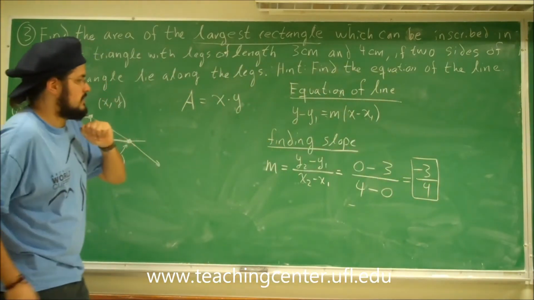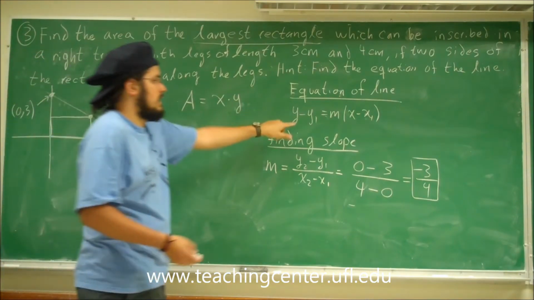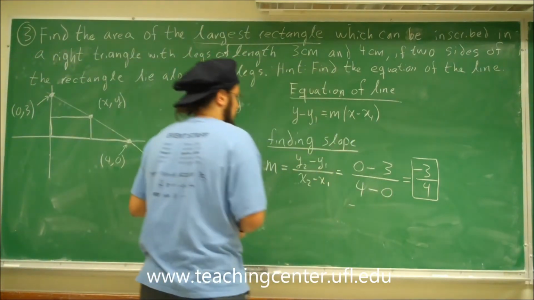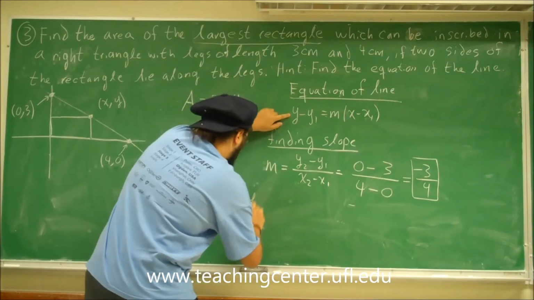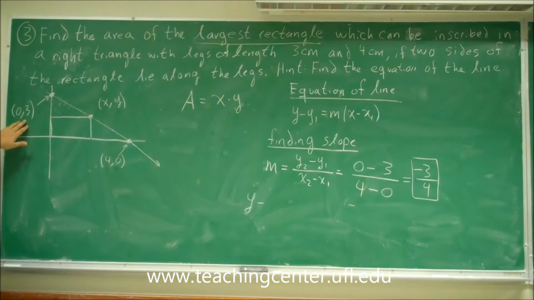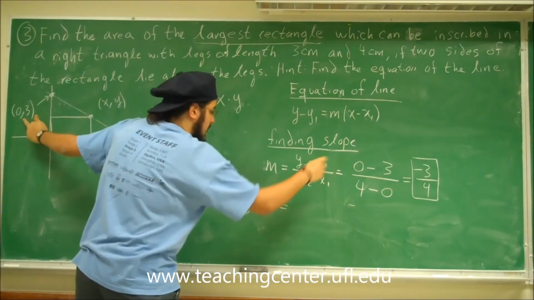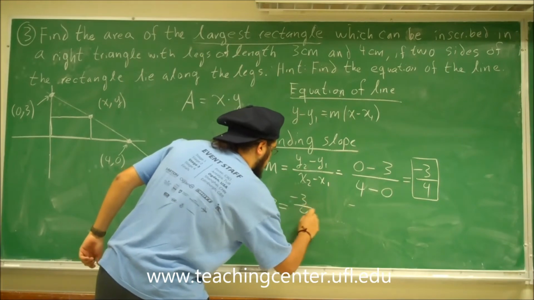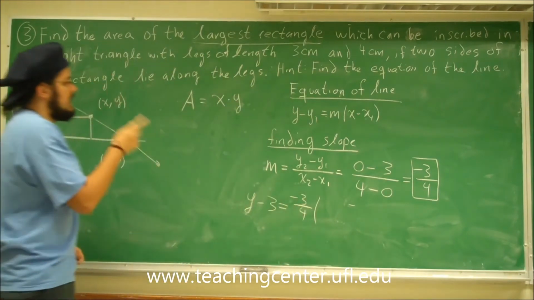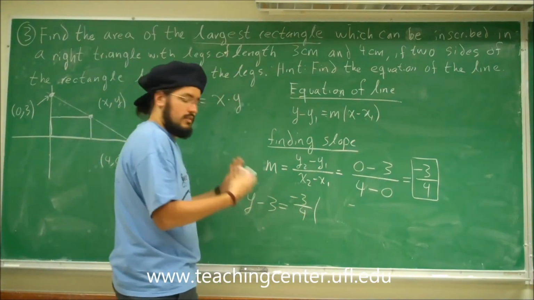Okay, so we have the slope, and we have a point, so we can find the equation of the line right here. Let's go ahead, y minus y1, and let's use this point. So this will be our 3, equals minus 3/4 times x minus x1. That's our x1, so it'll just be x minus 0, that's just x.